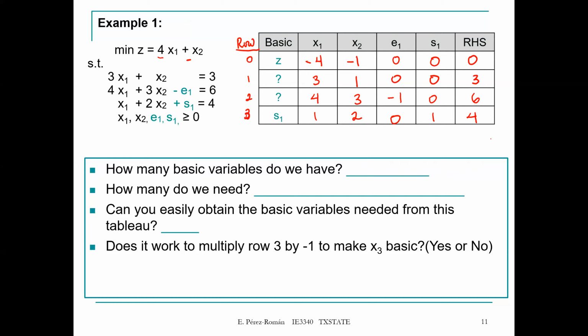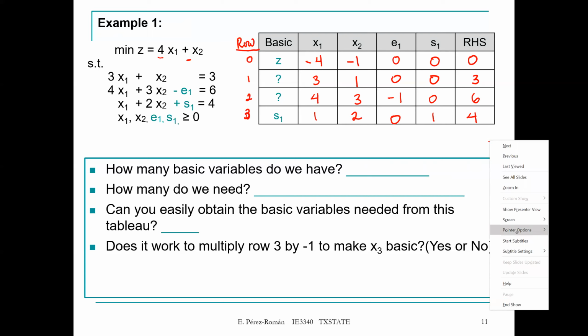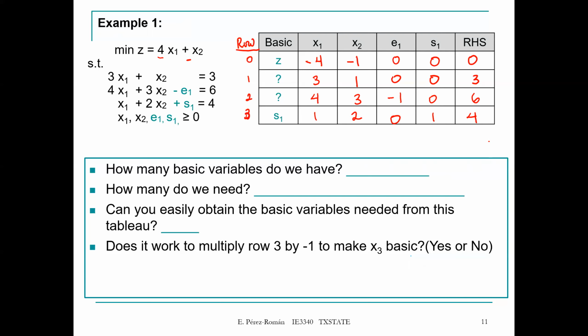So if you look at this tableau, remember that for us to find that initial solution, we are looking for a matrix that looks like an identity matrix. For example, we have a column of 1s and 0s here. So we know that this S1 is a basic variable, and the corresponding location of that basic variable is here.